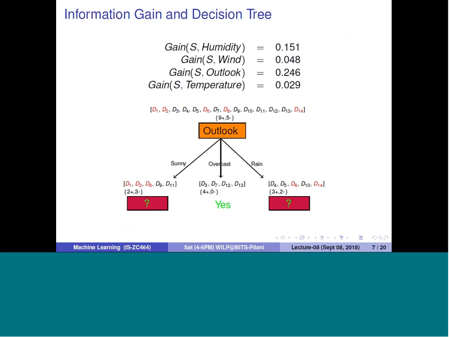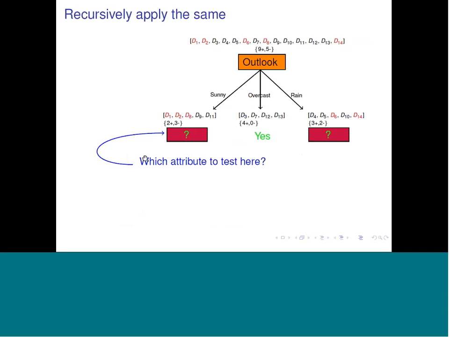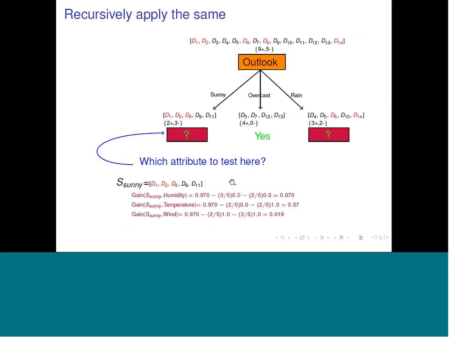For some of the databases, you see that all the items are positive or all the items are negative, then you need not go downward. But other places, for example here, some are positive, some are negative, so which one to test? Again you have to apply the same mechanism, for all other remaining attributes, humidity, temperature, and wind, you perform similar operations: divide the database, find out entropy, multiply with the numbers.